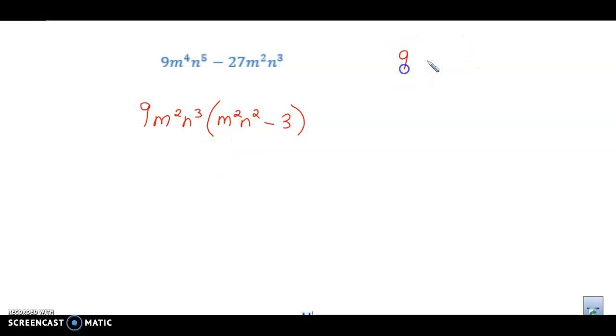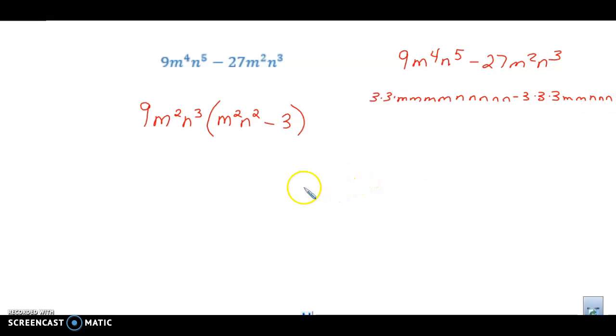If you need to see it done the other way, this is 3 times 3 times m, m, m, m, n, n, n, n, n. 1, 2, 3, 4, 5, okay? And then this one is 3 times 3 is 9 times 3 is 27, m, m, n, n, n. Ooh, just barely fit.